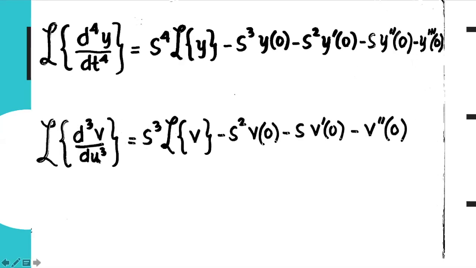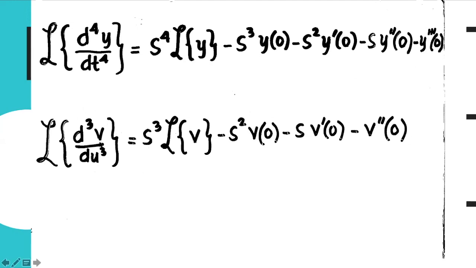Okay, ito naman, iba naman yung variable ang ginamit ko. Yung dependent variable ko is v. Yung aking independent variable is u. So, ibig sabihin, makita mo dito na v of 0, yung value ni v kung saan yung u is equal to 0. So, ganun lang yung mga conditions actually ito kapag nasa differential equation na tayo. Okay, so third derivative.